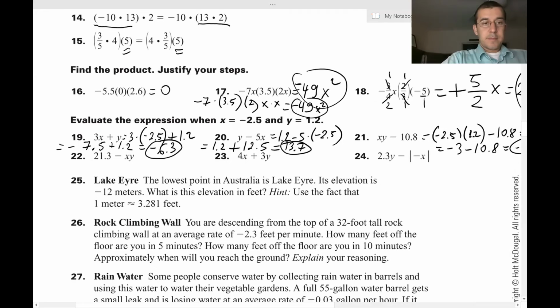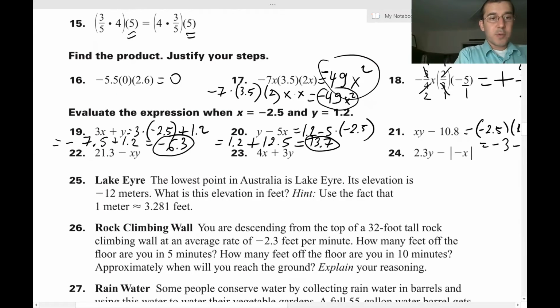22, we have 21.3, and then minus x, which is minus 2.5, times y, which is 1.2.